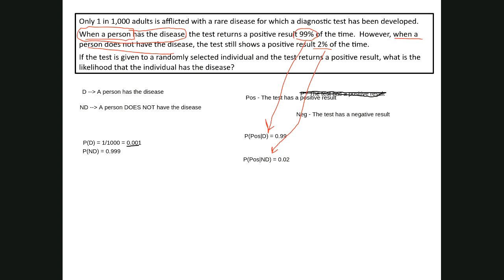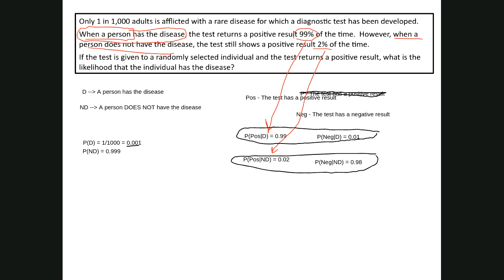And the probability that there's a negative test result given that the person does not have the disease, and this is what you want to have happen, is 0.98. These two are complementary, and these two are complementary, based on the information that's given.